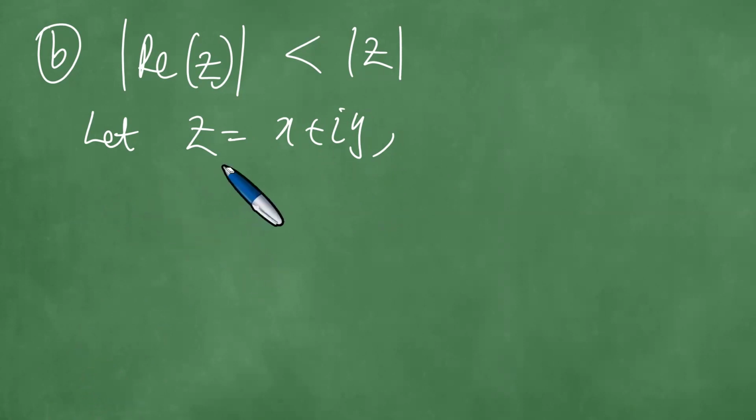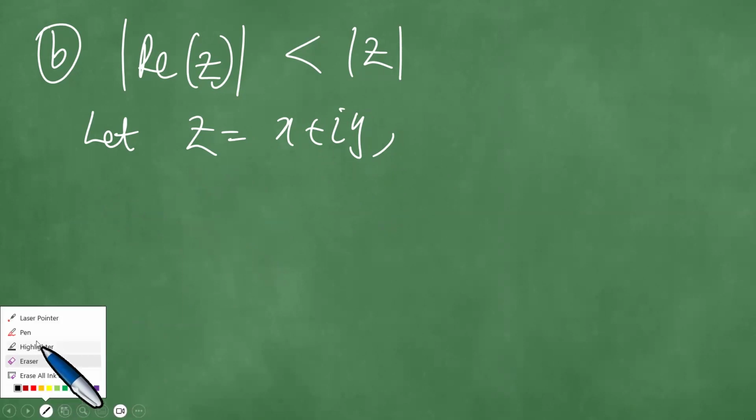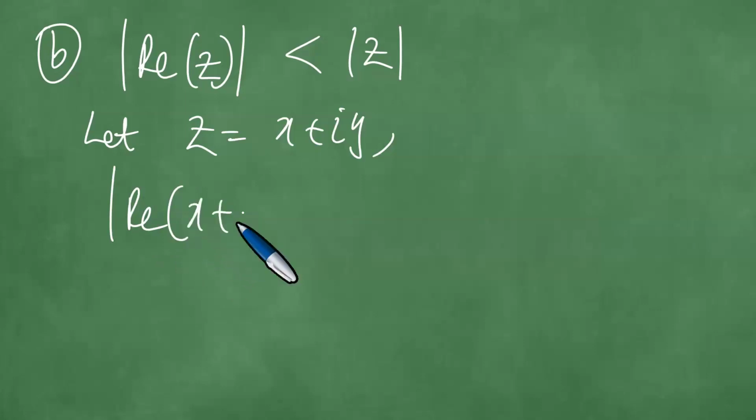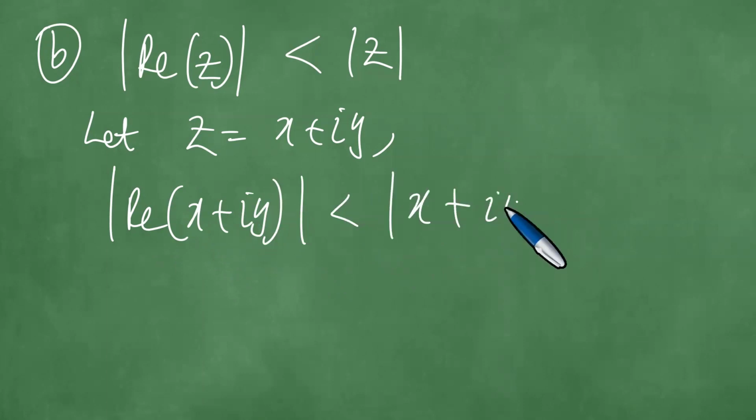We continue. Let z be x plus iy. So now you'd have the modulus of the real part of x plus iy, which is less than... okay, we're interested in just sketching the closure. What is the real part of that?